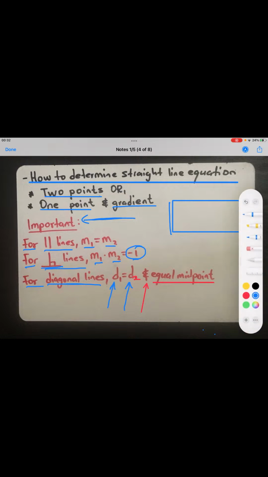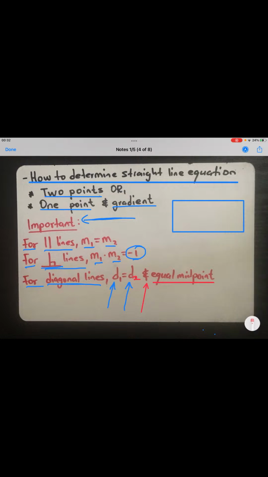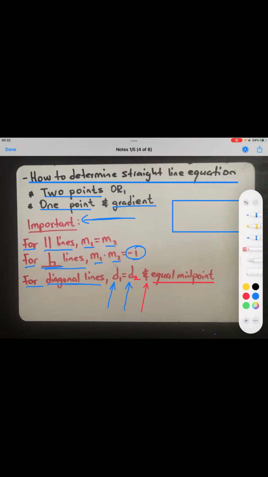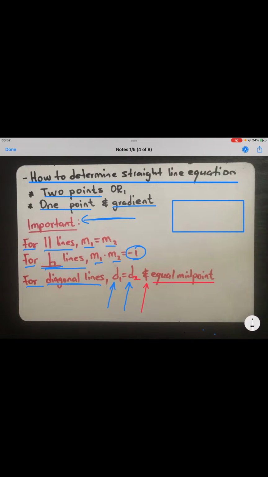What you need to remember, which is what I'm explaining there, is that from there all the way up to there, that is the diagonal line. It's equal to from there all the way up to there. So from corner to corner, you've got those lines being equal. Obviously, as you can see, the midpoint of those lines is common.